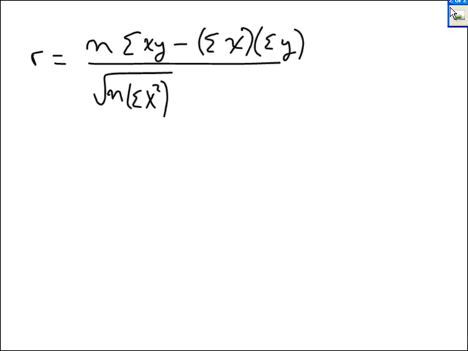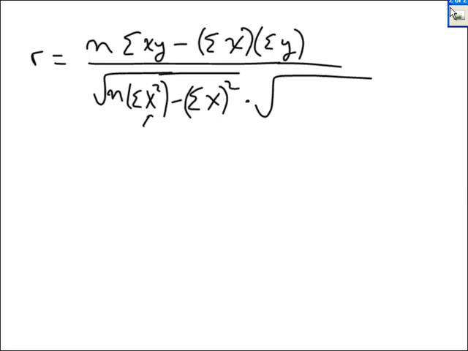Then times that second square root that I mentioned. You do the same thing for y's. That is, instead of x's, we put y's. It's n times the summation of y squared minus the summation of y, all squared.